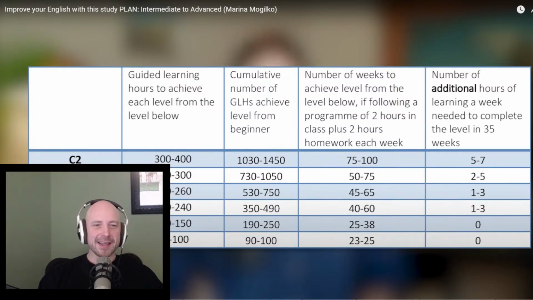I mean, the data is there, but it can be a little bit more complicated than it appears.